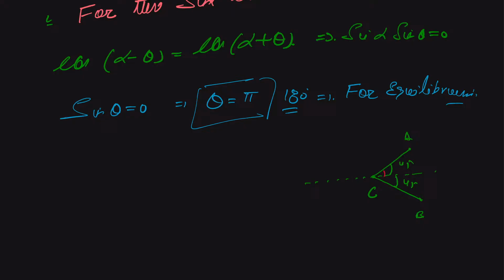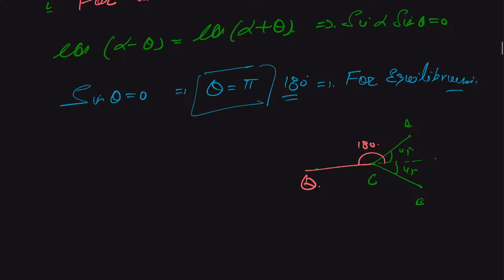And with respect to here, we are going to have an angle of 180 degrees, and this is the position of charge Q. So we found out the position of our charge Q, or we can say the angles with respect to all the things. And now we can easily find out the chord length between all these charges.